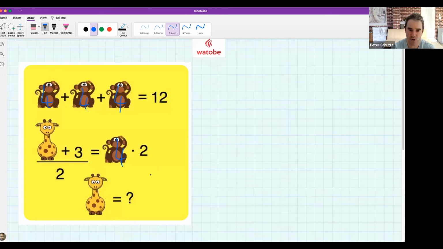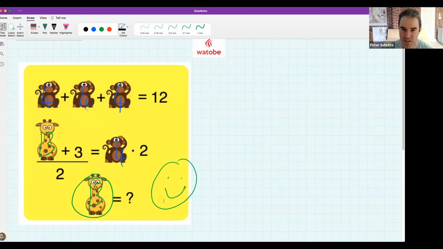So you're quite correct. A monkey is 4. For the giraffe, I suppose we can use equations here, or you can kind of guess it. The only number that will work, Vuyani's got it, is 13. 13 plus 3 is 16. 16 divided by 2 is 8, and 4 times 2 is 8. So the giraffe must be 13. So in this world, a giraffe is worth 13.